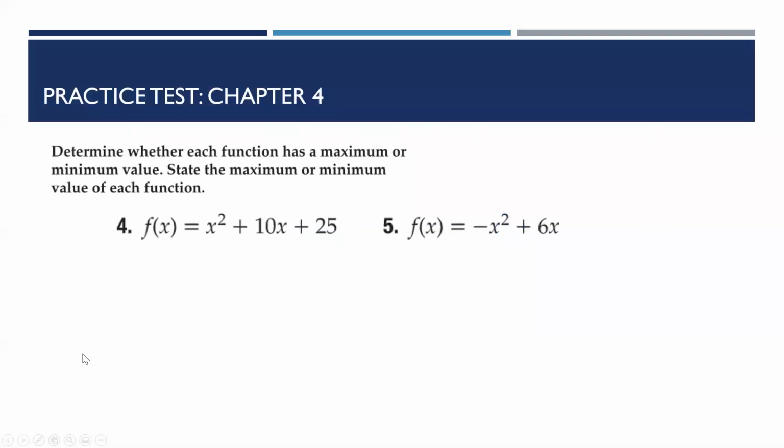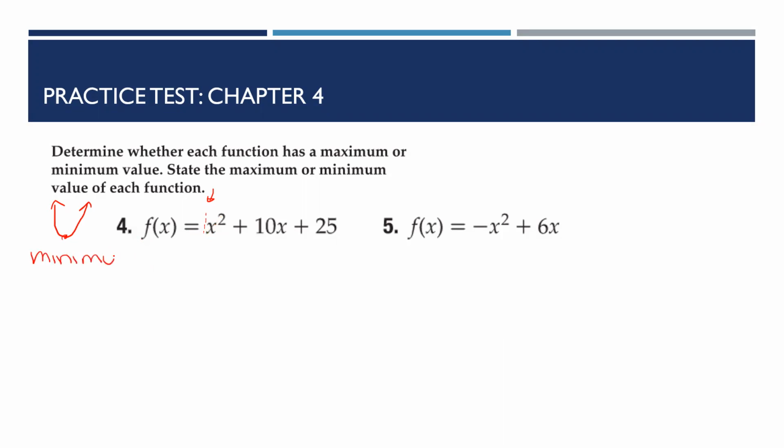Okay. So if you got something like this, it says determine whether each function has a maximum or minimum value, and then state the maximum or minimum value of each function. Remember, there is a coefficient of 1 in front of x squared. If there's no coefficient in front of x squared, it's just 1. So that's a positive 1, so we know this parabola is going to open upward. So it's going to have a minimum value.